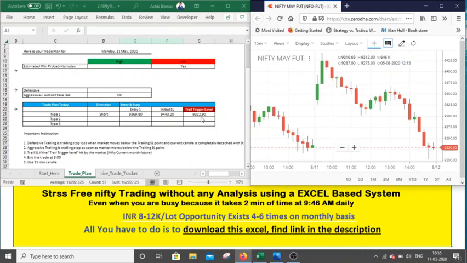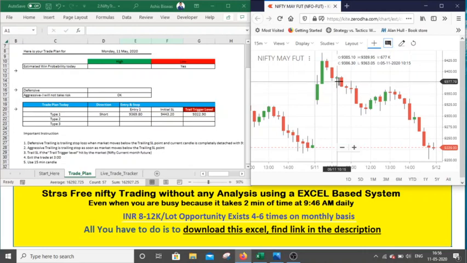Now what is this trail trigger level? 9322.90. What it means is that if the market moves below 9322.90, slightly below that, then in this candle you have to trail your stop loss from 9443.20 to your entry, 9369.80.